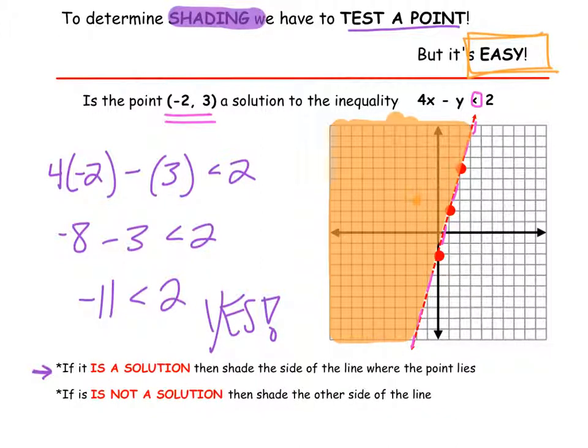And that's why we have to color in a side of a graph, because all of those points work. Not just the points on our line like an equation, but everything off to the side works. However, if it would not be a solution, then you would have shaded the other side. And if you would like, you can test another point just to make sure you're shading the proper side.